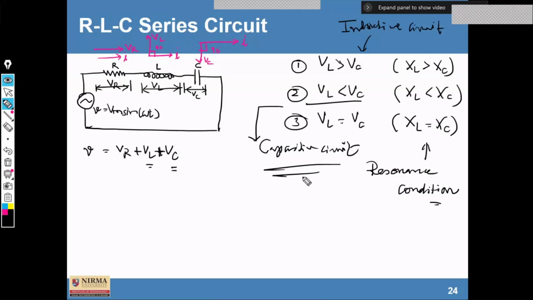First of all we are going to consider the condition VL greater than VC. That could be possible by varying the value of L and C. XL and XC can be changed even by changing the frequency, as you already completed this experiment of resonance condition of the RLC circuit, where you change the frequency also.